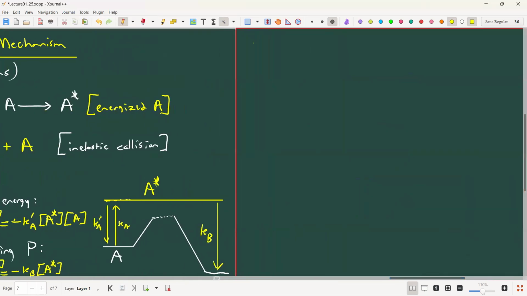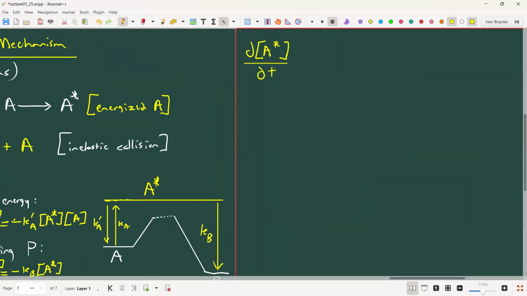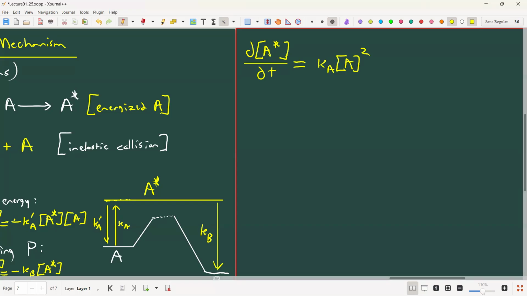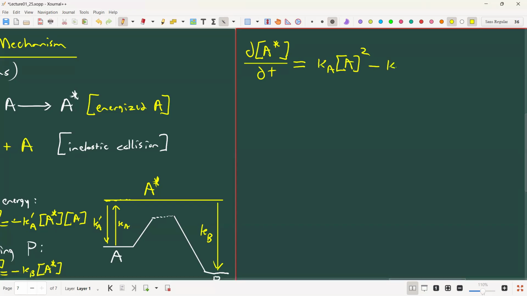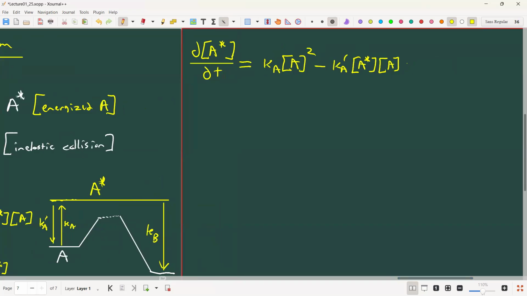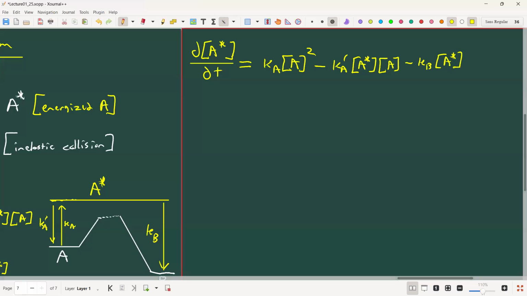All right, so our total rate for the formation of A star, this is the species that we really care about, it's the thing that actually reacts to form P in this mechanism, is going to be equal to Ka times the concentration of A squared, minus Ka prime, this is the depletion rate, which is to go backwards, which is a function of A star and A. And then there's the reaction rate to form P, Kb times A star.